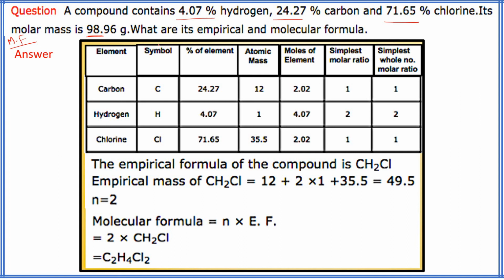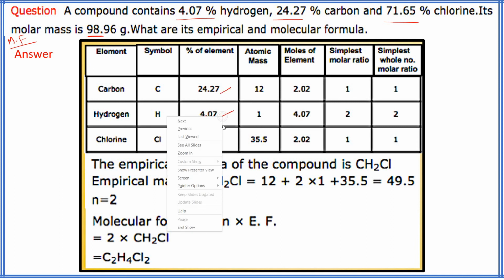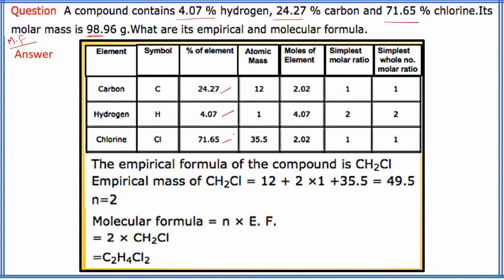For the empirical formula, percentage of carbon is 24.27, hydrogen 4.07, chlorine 71.7. After that, convert into grams and divide by the atomic masses. So you get 2, 4, 2.